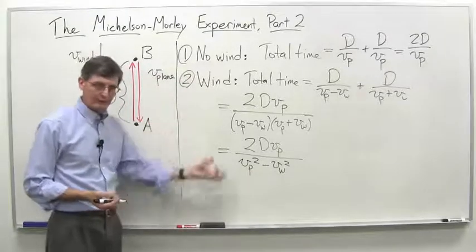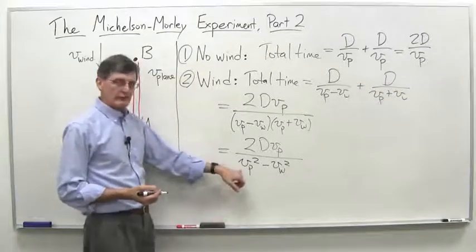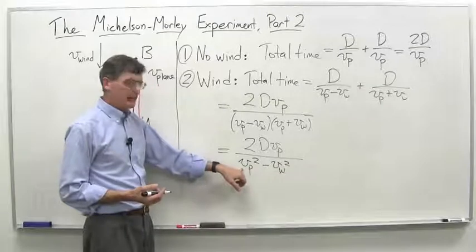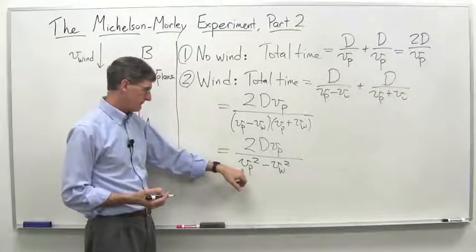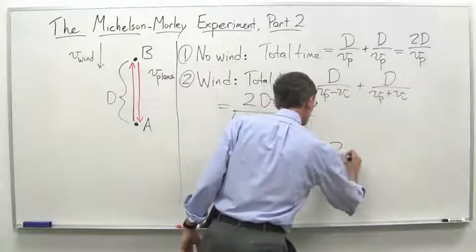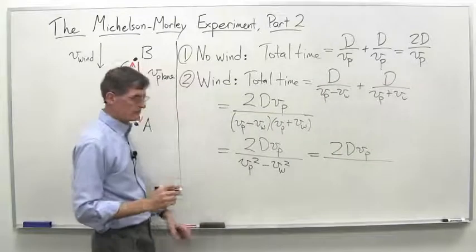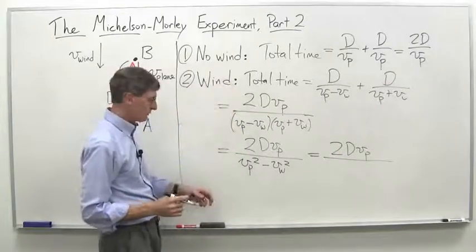Okay, so, okay, now what? Well, again, going back to the math review we did in the last video clip, we're going to factor out in the bottom here a Vp squared. And so it's going to look like this. We got 2d Vp. We haven't done anything on the top for a couple steps here.